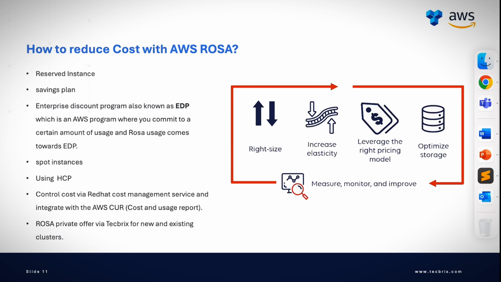Let's suppose you are running any kind of workload on premises, or on AWS already. So you have an existing cluster, or you have a new cluster. In both cases, we can help you create a private offer.